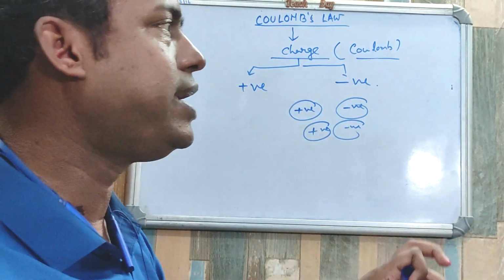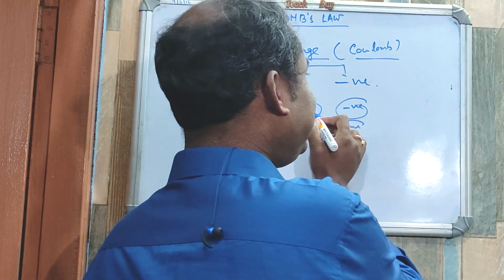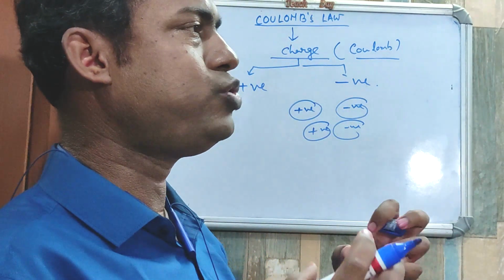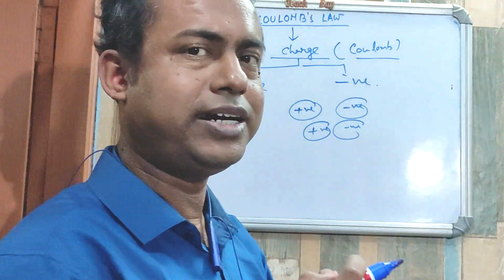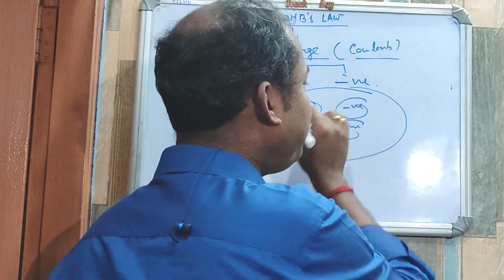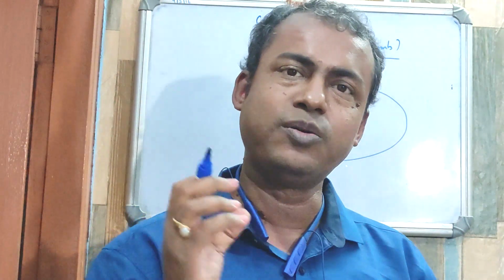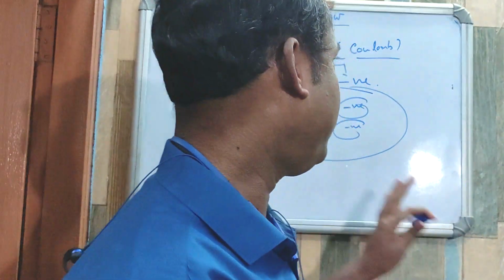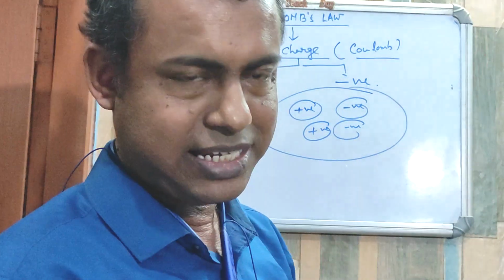That's why we can say that the negative and positive charges are not attracted to each other in this way. So this is electrostatics, when a number of positive and negative charges are accumulated apart from each other.